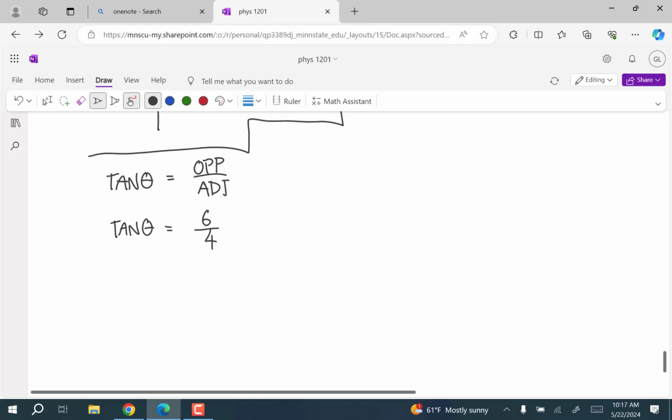And now we're going to use inverse trigonometry. So if I take the inverse tangent of this, I'll do the inverse tangent of the tangent of theta. The inverse tangent of the tangent just gives us that theta. And we had to take the inverse tangent of the other side of this equation too. So we have inverse tangent of 6 divided by 4.